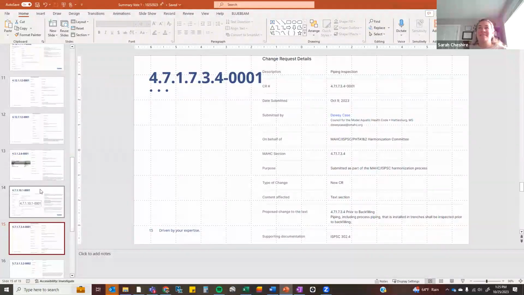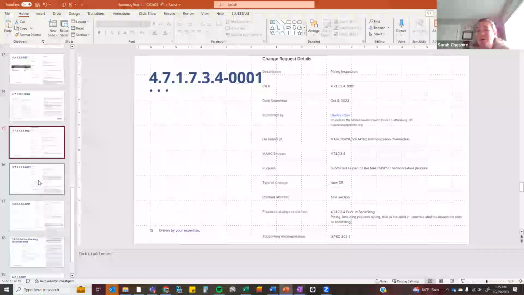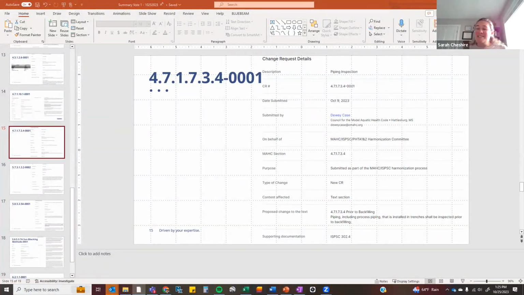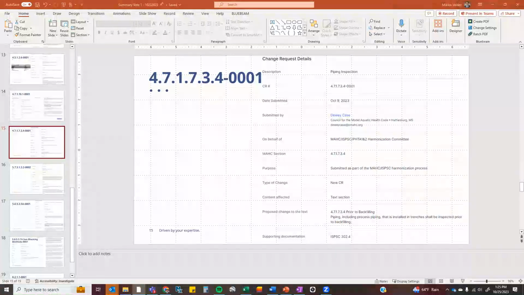Just with help with language, inspected by who and for what? Well, I agree that it needs to be inspected, but I think we need to be a little bit more specific, by who and for what. What's in that section 4.7.1.7.3?